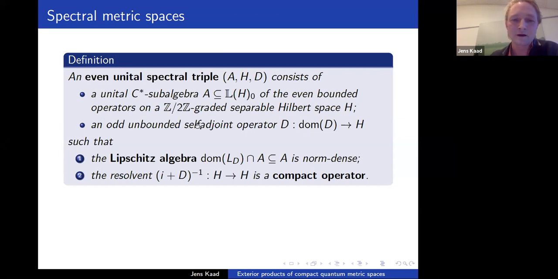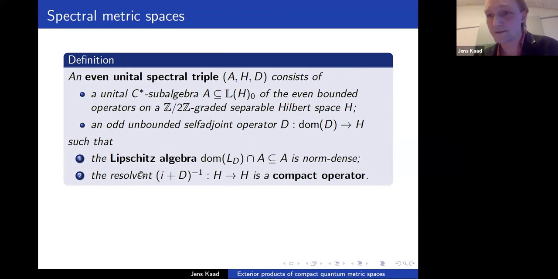Then I have an odd unbounded self-adjoint operator D acting on this Hilbert space. And then there are conditions. The first condition I have rephrased slightly because of the context of this talk. It says that the intersection between the unital C star algebra and the domain of the Lipschitz seminorm coming from this unbounded self-adjoint operator has to be norm dense inside A. So this intersection here is exactly the usual Lipschitz algebra.